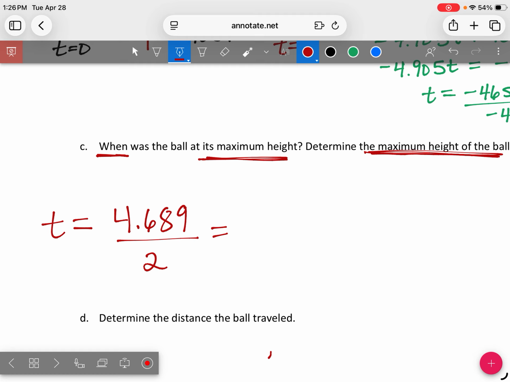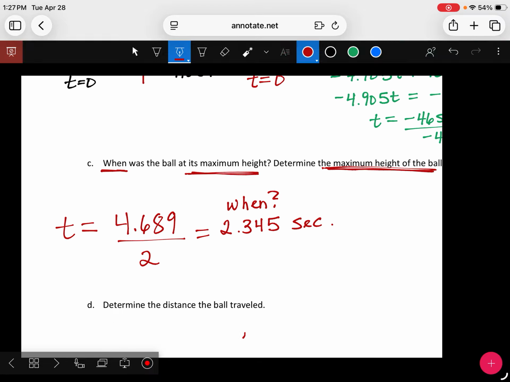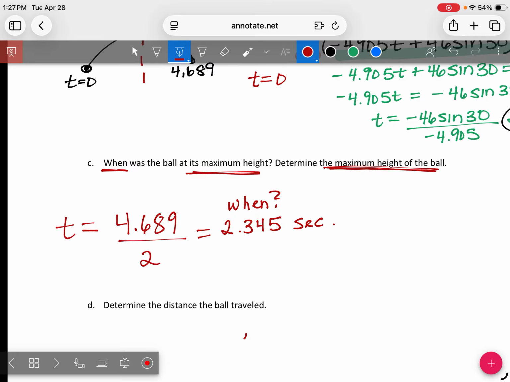So the golf ball was at its highest at t equals 2.345 seconds. This answers the when. Now it says, how high was it at that time? What do you think I'm going to do with that 2.345? Substitute it into y.